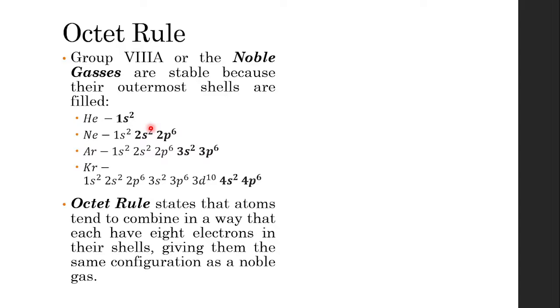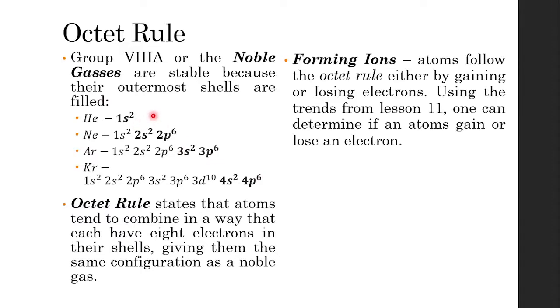So why is this important in forming ionic bonds? Well, forming ionic bonds is basically a way for the atoms, the cations and the anions, to satisfy their octet rules in order to be stable.